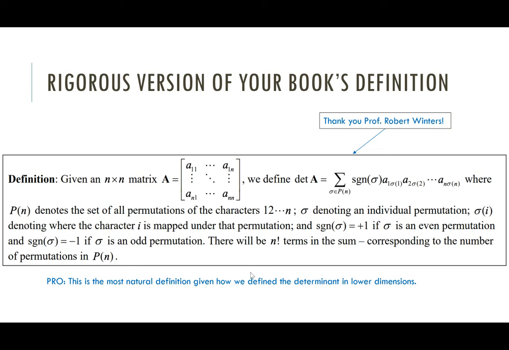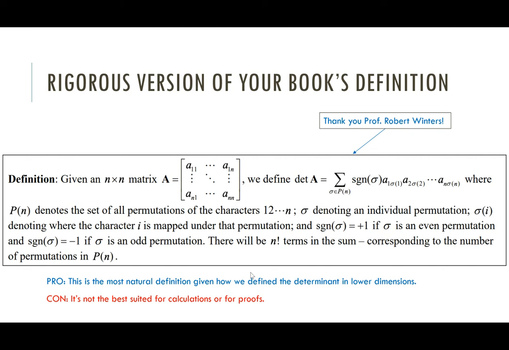So here's the pro of a definition like this or your book's. It does seem like the most natural definition given how we define the determinant in lower dimensions, or at least how we found the determinant by finding denominators like this and looking at the pattern. This seems like the most natural one.